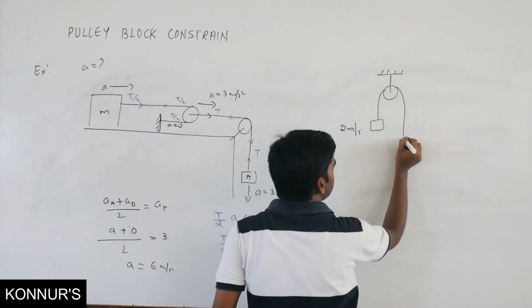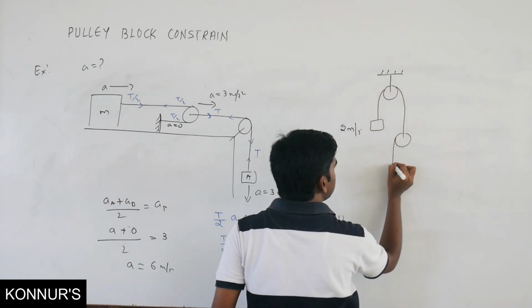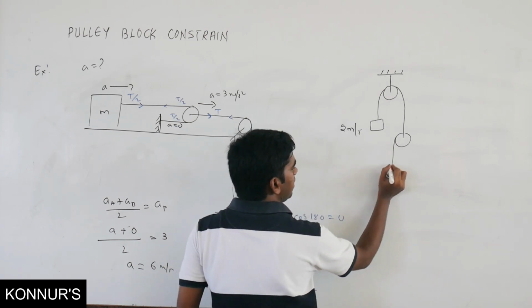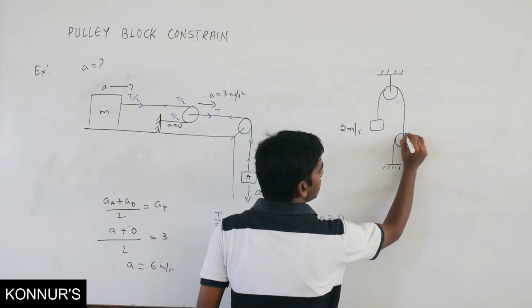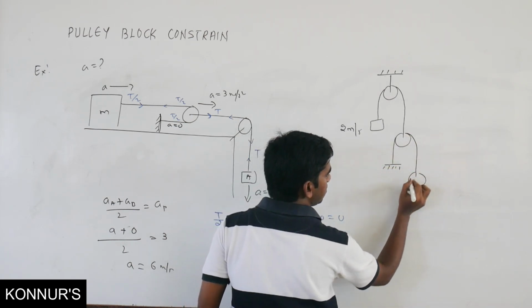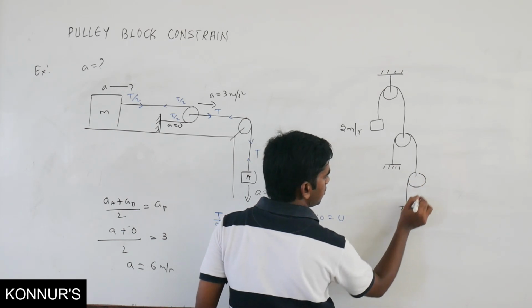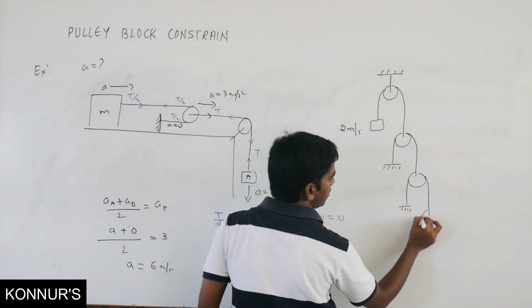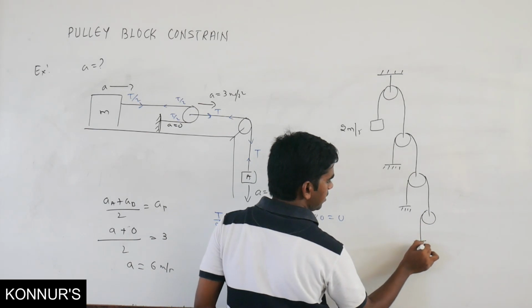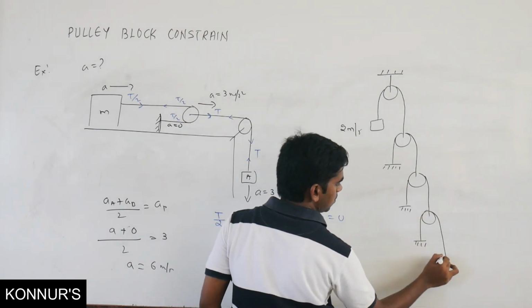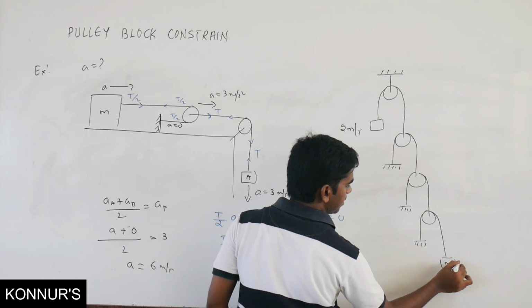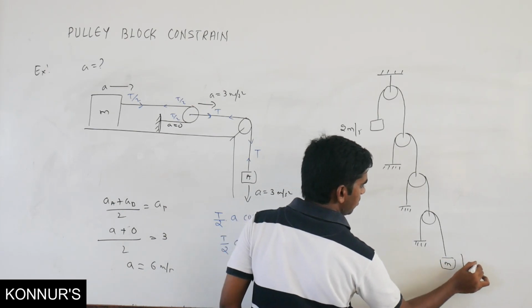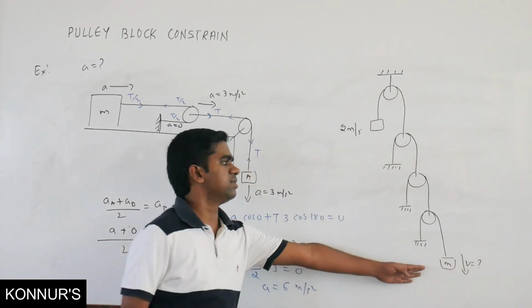It is connected to another pulley, and here it is connected to a rigid support. This is connected to another pulley, connected to a rigid support, and again another pulley with a rigid support. Here mass m is there. They will ask what is the velocity of this mass.